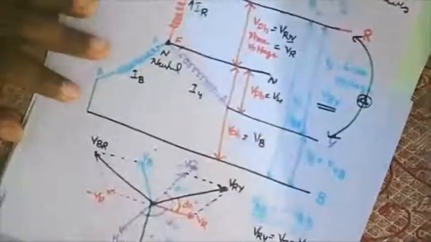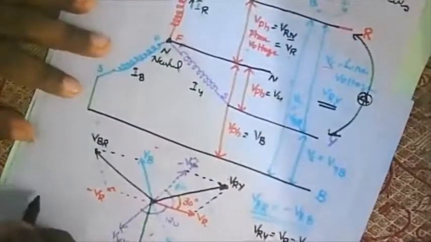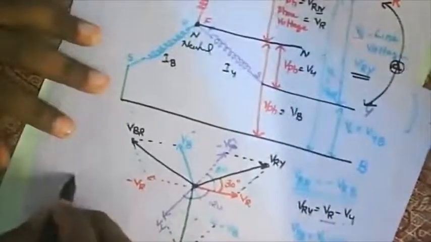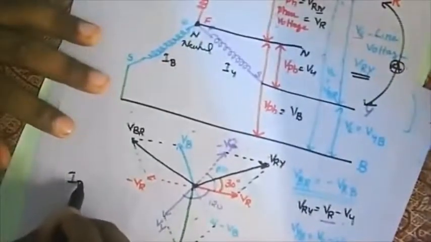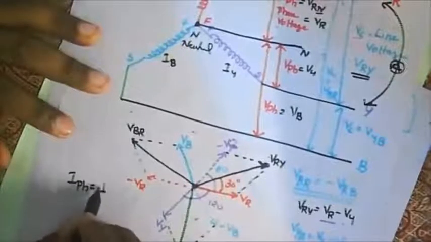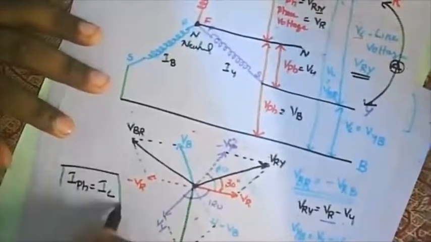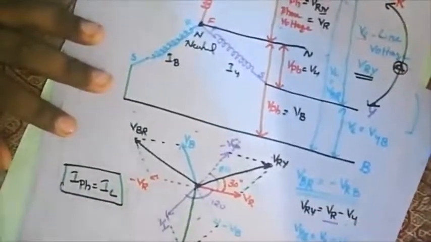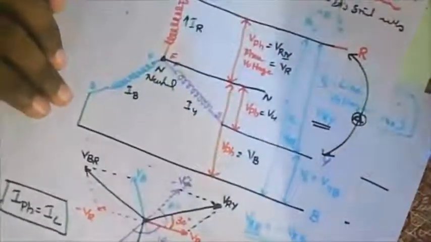In case of a star connected system, I phase is nothing but IL. So what are the points which we must keep in mind in case of a star connected system?